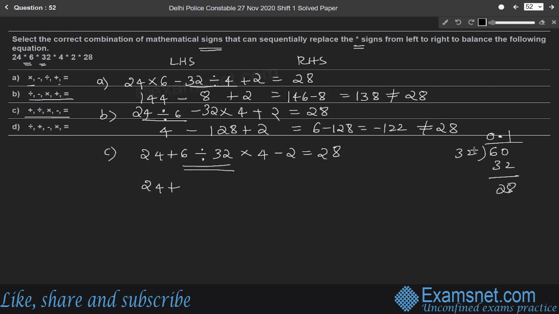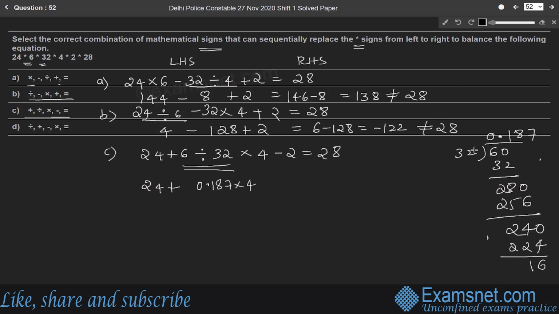So here 28 is the remainder. 32 into 8 is 256, so 24 is the remainder, 0.18. Let us consider one more place, 224. Therefore, 16 is the remainder. So 0.187.